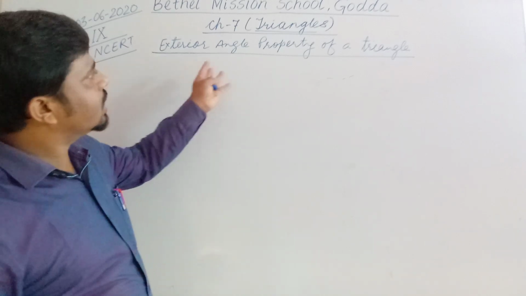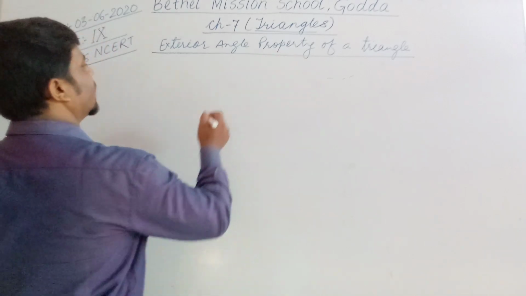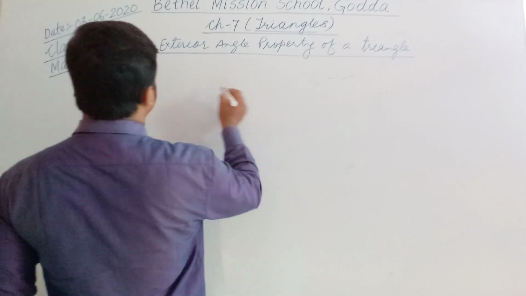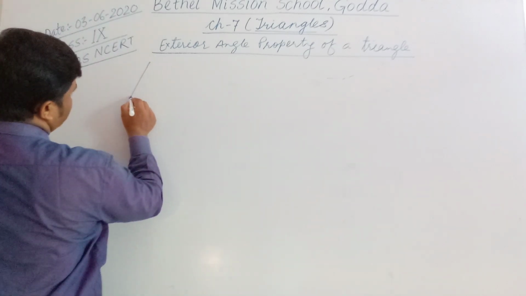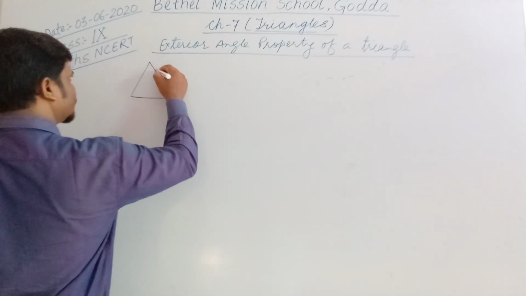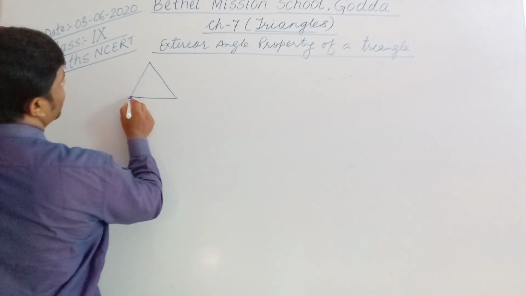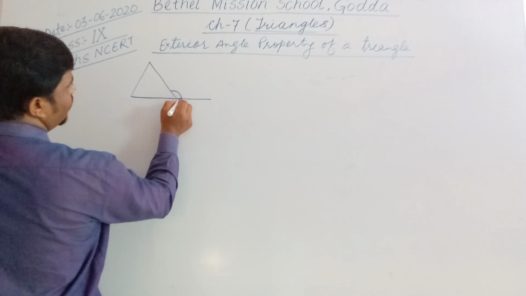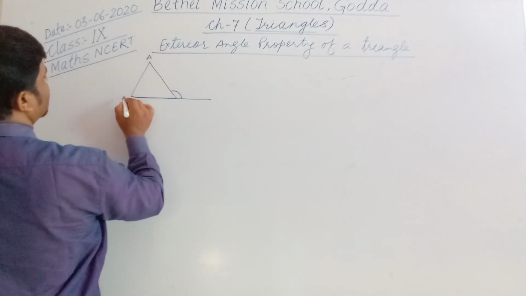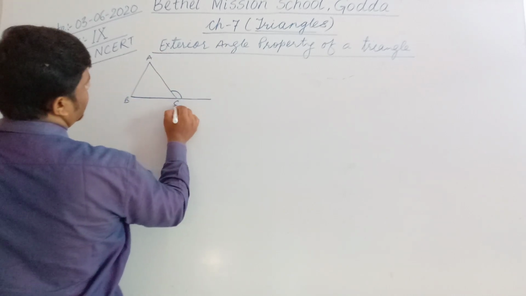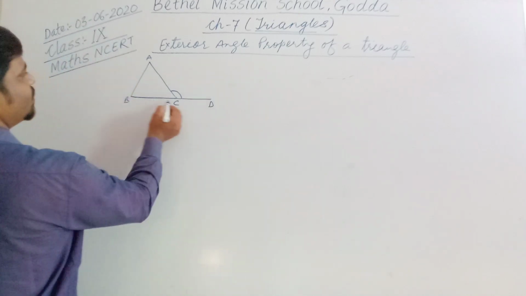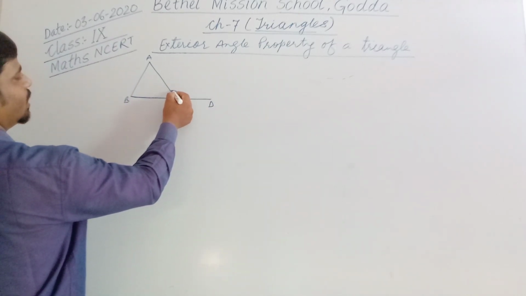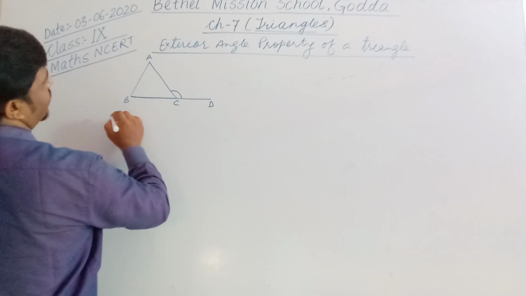Okay, let's see the exterior angle property of a triangle. And what is that? This is a triangle. When we produce one of the sides of the triangle, then an exterior angle forms. We produce BC up to D, and you see the exterior angle forms.